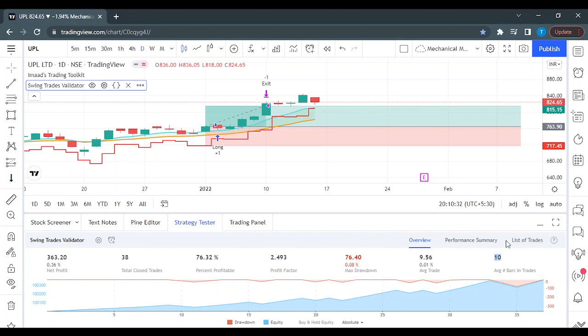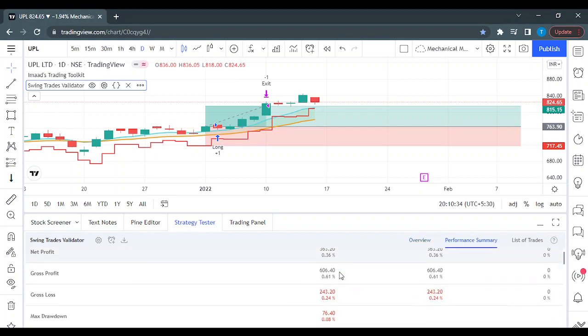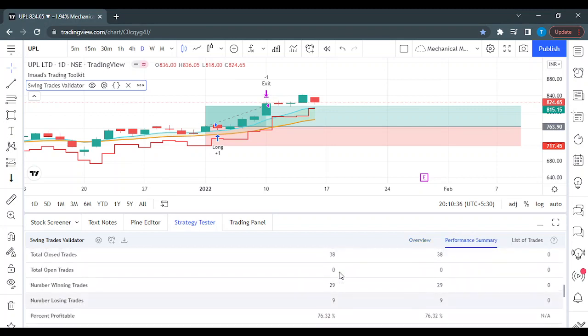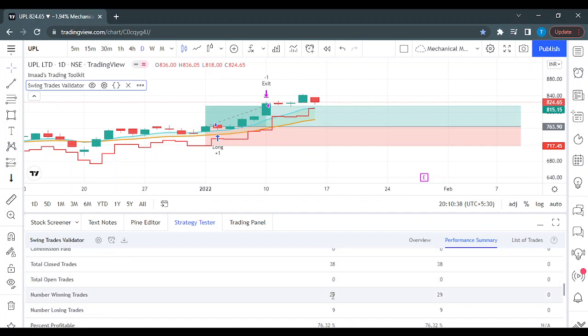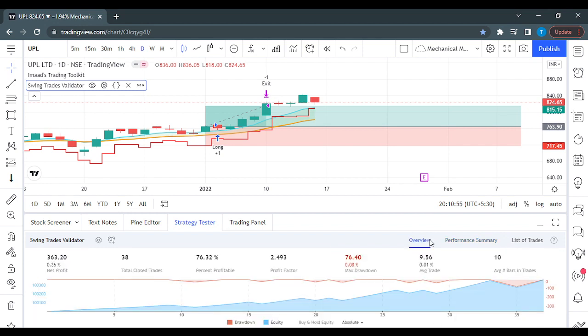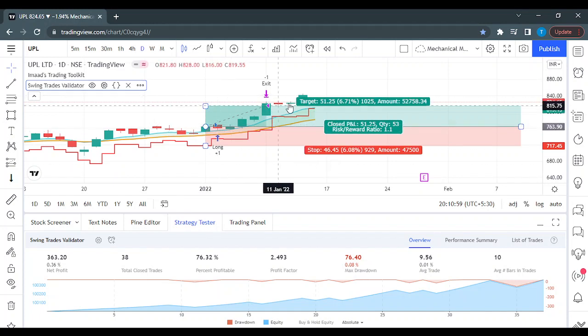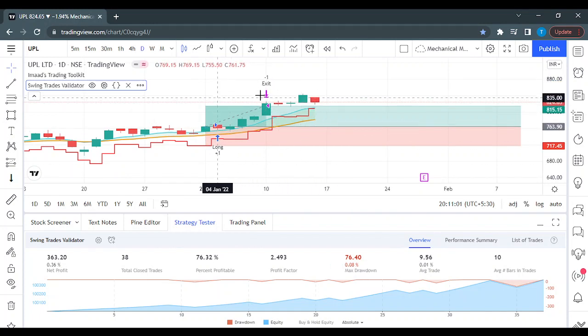So out of the 38 trades that were taken, 29 trades were profitable on the basis of this, where you got your 6.08% profitability, right? And only 9 of these trades were not profitable. So you know that the probability is in your favor. There is a 76% chance that again this trade might work out, which again it did.